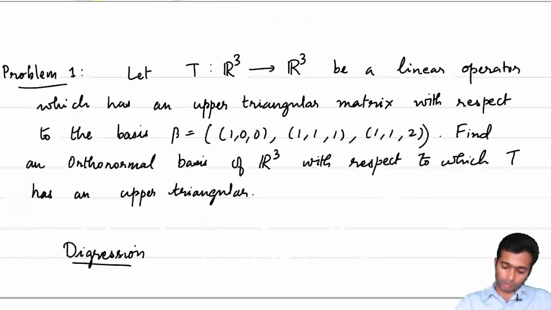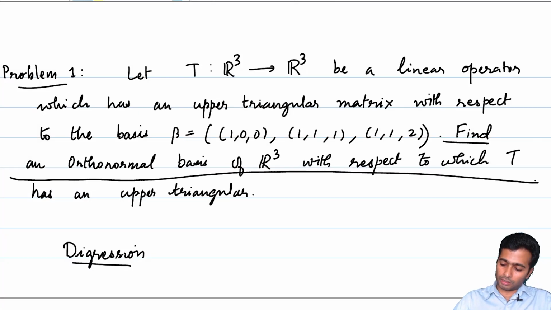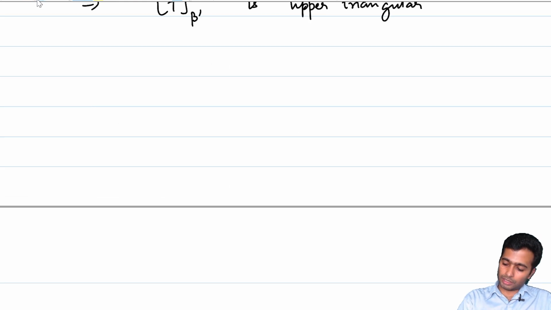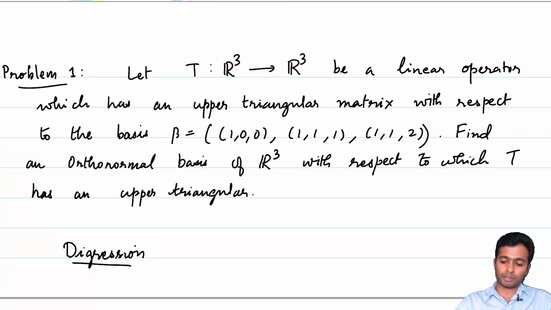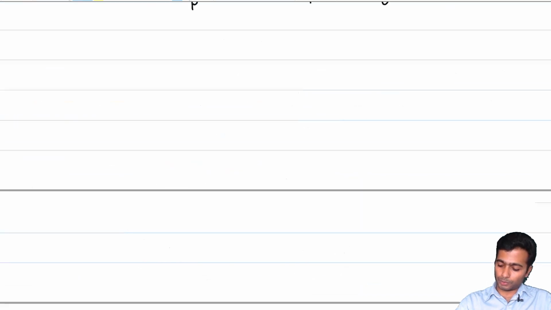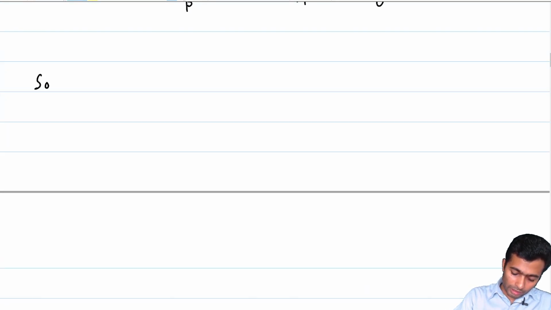Our problem was to find an orthonormal basis of R3 with respect to which T has an upper triangular matrix, given the condition that T is already upper triangular with respect to our basis 1 0 0, 1 1 1 and 1 1 2. Okay, so let's now solve for our given problem. Solution to problem 1. Getting back from the digression.